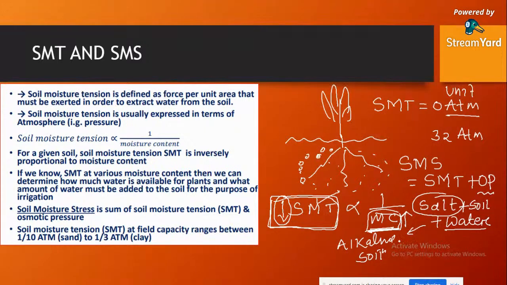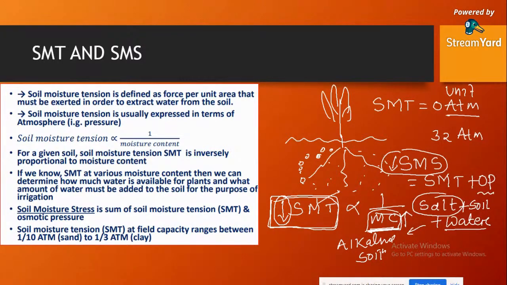For better growth of the plant, this osmotic pressure also should be kept as minimum as possible, so that the soil moisture stress will be less. If the soil moisture stress is more, then obviously the plant is not growing properly and optimum growth is not happening.